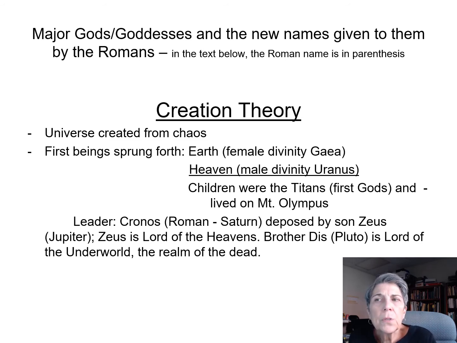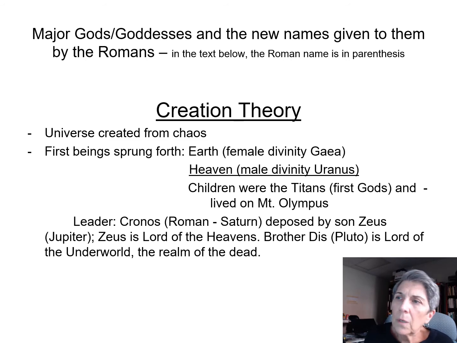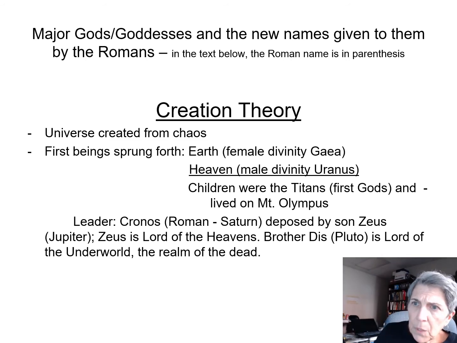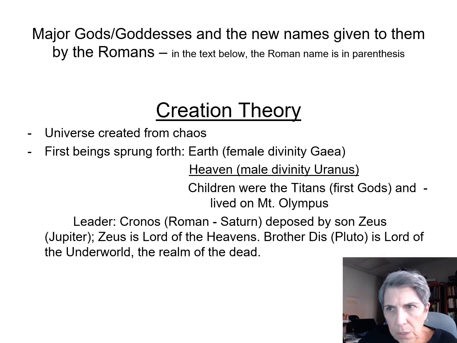And of course, the first children were the Titans, the first gods. And everybody lived on Mount Olympus. So here you've got Zeus. You've heard of Zeus. He's Lord of the heavens. And here you've got all these different gods. And of course, this story, how Zeus gets deposed. So there you go.